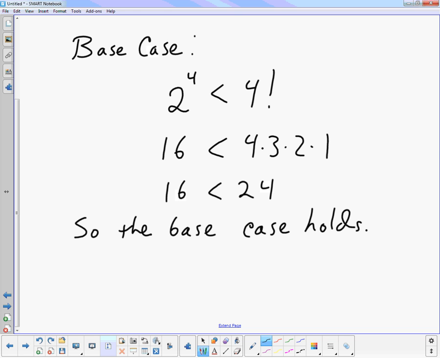Now we make an assumption. We assume that it holds for all n something.